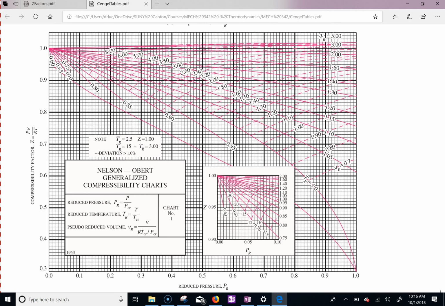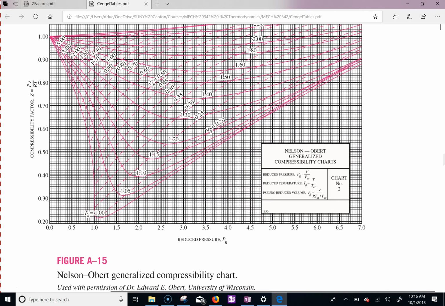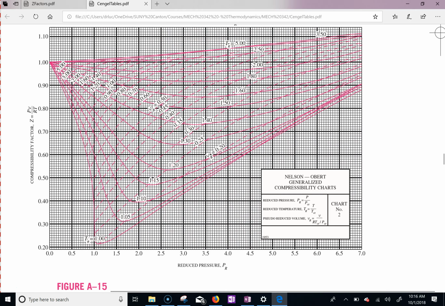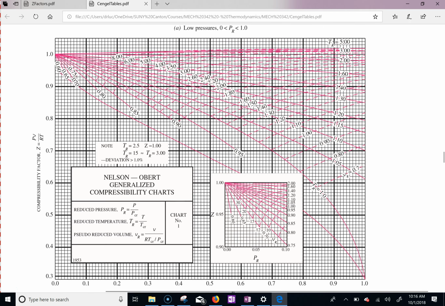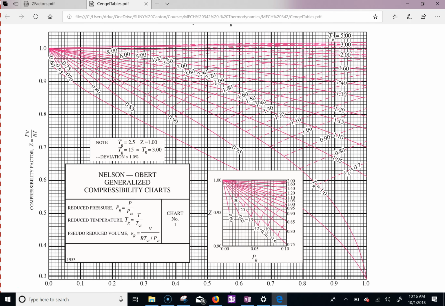So there's two. The top one goes from 0 to 1 for PR, and I believe the bottom one goes from 0 to 7. But in here, they have Z again, but they've also now, these lines that curve are your TR values.